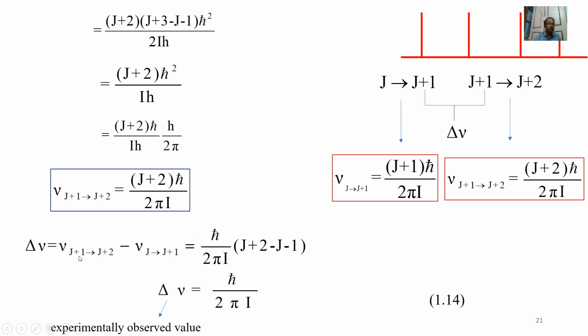Del nu is nothing but nu J plus 1 to J plus 2 minus nu J to J plus 1. So h bar divided by 2 pi I, J plus 2 minus J minus 1. So this J and this J will get cancelled. We have 2 minus 1, which is nothing but 1. So del nu is nothing but h bar divided by 2 pi I.